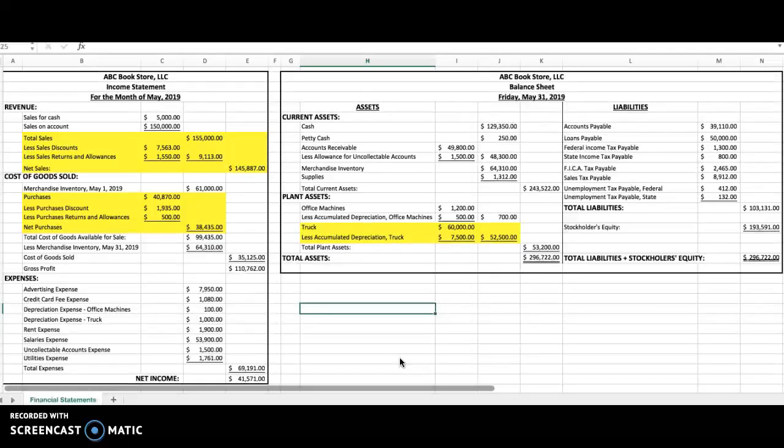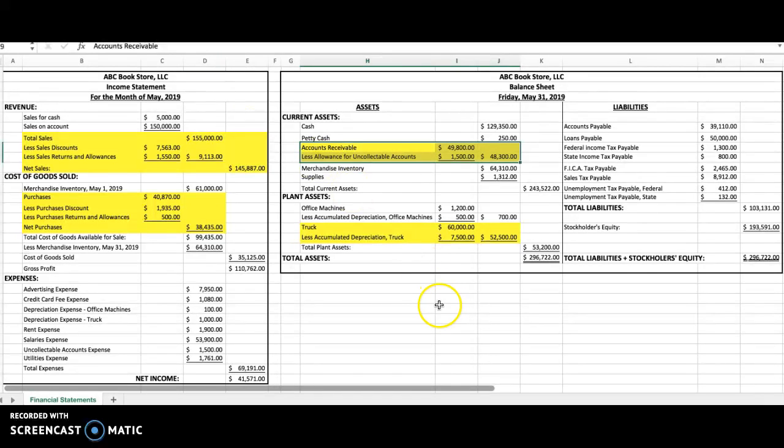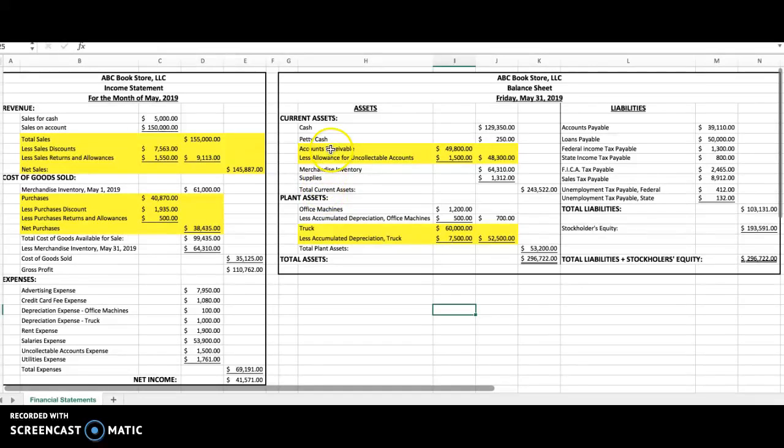So, topic 13, we'll talk about uncollectible accounts. If you look at the balance sheet, this is kind of the end result where we're aiming toward. We are now going to be using accounts receivable again, and we will have something called allowance for uncollectible accounts. So let's take a look at this for just a moment. This works the same way.